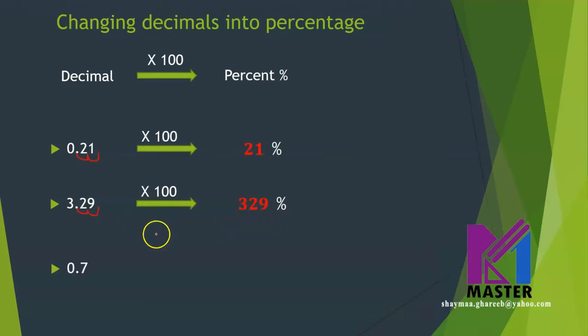No problem at all. 0.7, if I want to change it into a percent, I will do exactly the same, multiplying by 100. So I will move 1 place and 1 more place, and I will put 0 as a placeholder because this will be 70%.